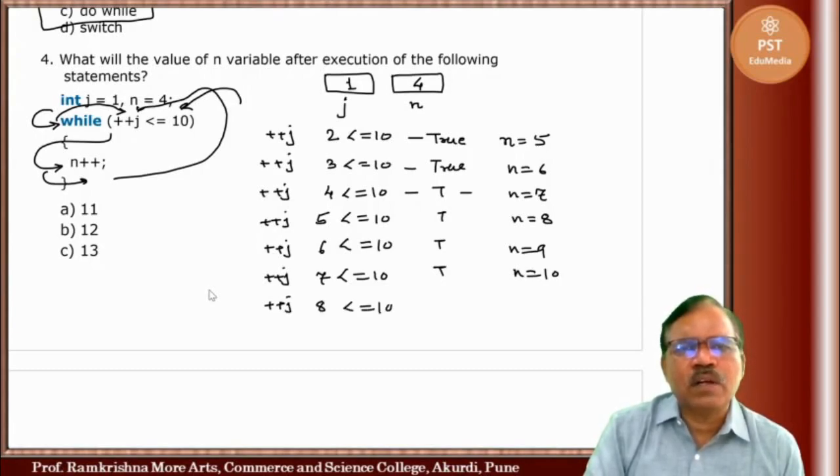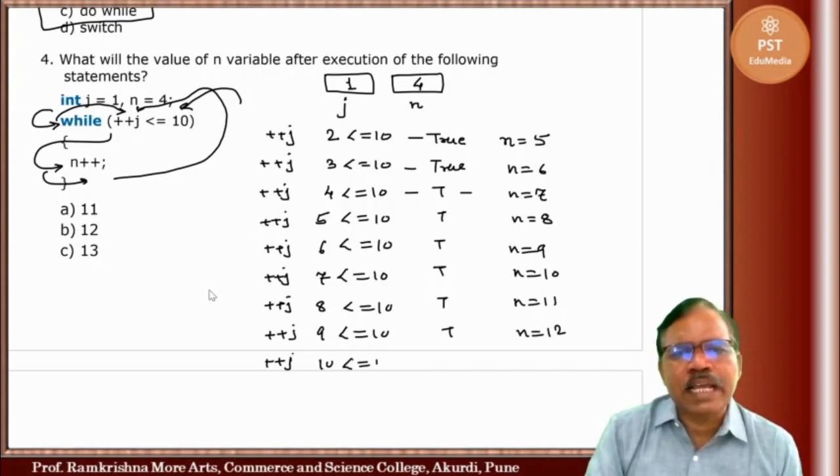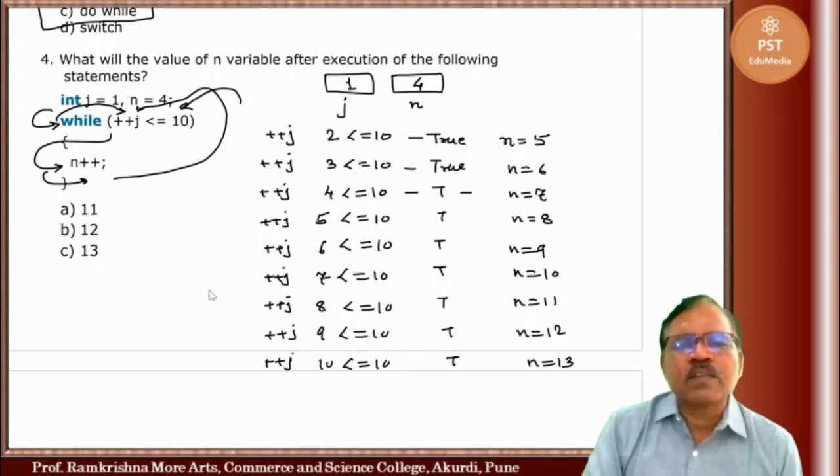Less than or equal to 10. True. It will increase n by 1 because it is in the loop. Then it will go back. Plus plus j, 9, less than or equal to 10. True. So n will become 12 because statement is true. Plus plus now j becomes 10, less than or equal to, it is true. So n will become 13.